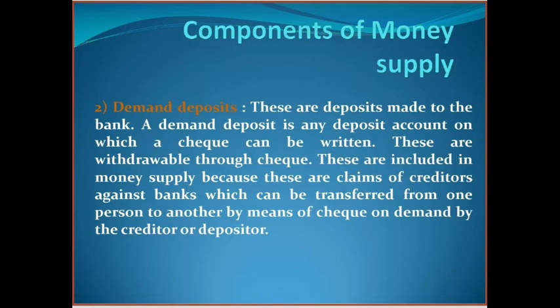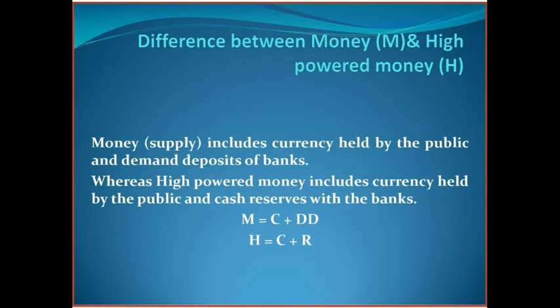So, the depositor can withdraw his entire money deposited in his bank account as the amount is payable on demand. So, money supply is the total amount of currency and coins outside banks and also the demand deposits on a specific day.